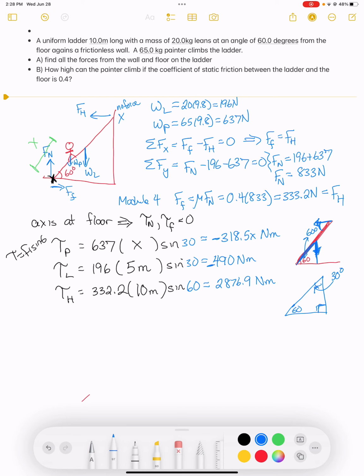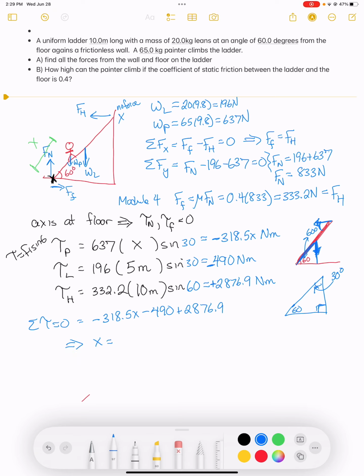So my sum of my torques equals 0. I've got minus 318.5x minus 490 plus 2876.9 equals 0. So that means that x is equal to 2876.9 minus 490 over 318.5, doing the algebra.